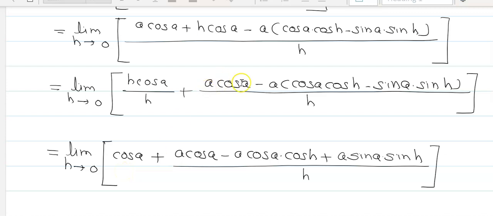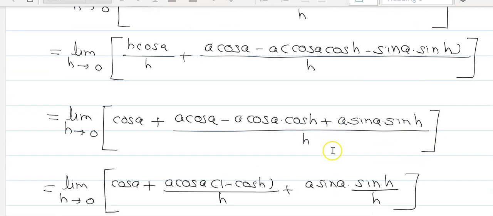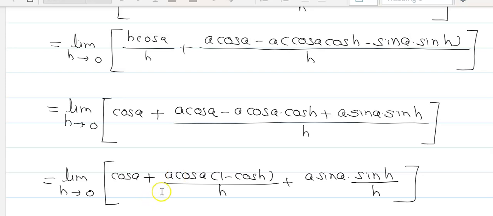What about the next? A cos a minus a cos a into cos h plus a sin a into sin h. And again from these two terms, taking a cos a as common, in bracket you will get 1 minus cos h upon h plus a sin a into sin h upon h.